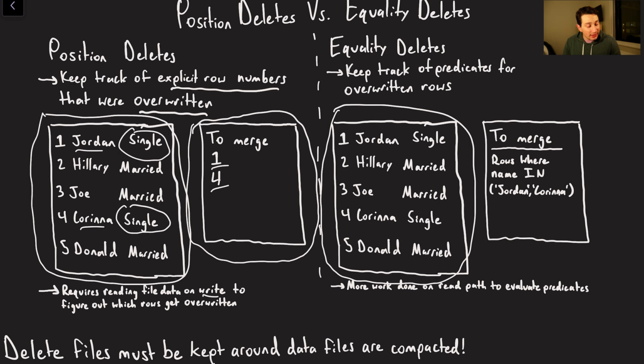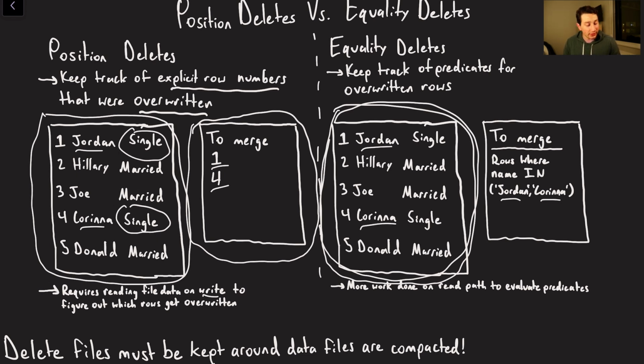So in this case, let's say our query was to overwrite the status of Jordan and Corinna to be married. I would keep track of that predicate right here. We're going to say we have to merge in all rows where the name is Jordan or Corinna. As we're reading through this file and returning the rows, we can say, oh, I see this row, I've got a value that I have to overwrite for it. Same for this row, let me go ahead and do that.